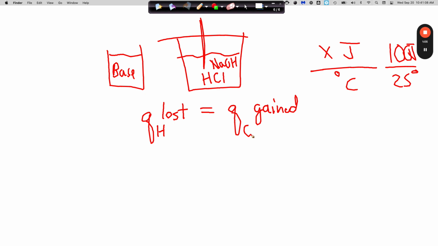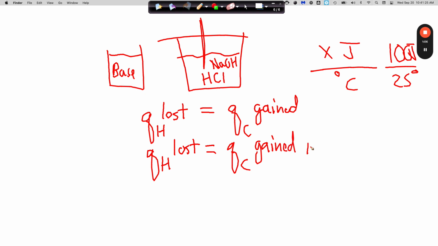But guys, that is not what is going to happen. The heat that is lost by the hot water is equal to the Q that is gained by the cold water and the Q that is gained by the calorimeter.